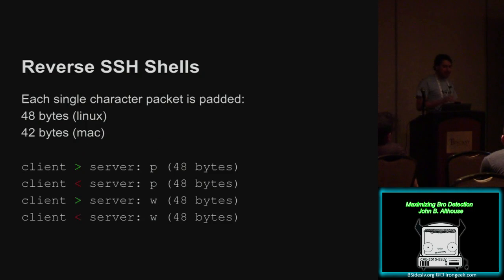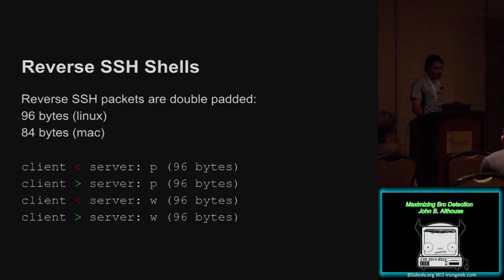So for each character that you press, that character is padded, and the SSH client in Linux pads it to 48 bytes, and Mac pads it to 42 bytes. So you press P, it sends out 48 bytes, client to server, and then the server responds, "I got the P," that's another 48 bytes, back and forth. So on reverse SSH, it's 96 bytes.